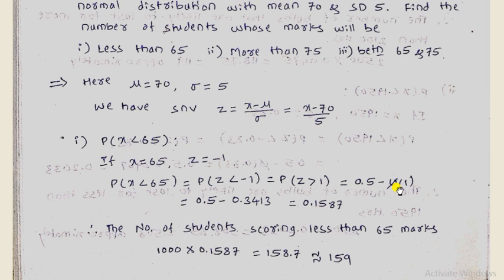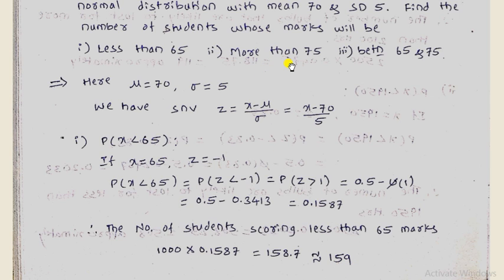So z2 value is 1, and according to the normal distribution table, phi of 1 is 0.3413, which gives 0.1587. Multiply this result with the total number of students, 1000, which gives the approximate result as 159.